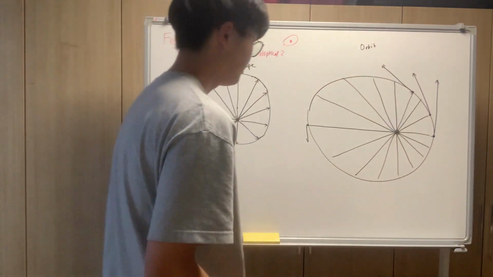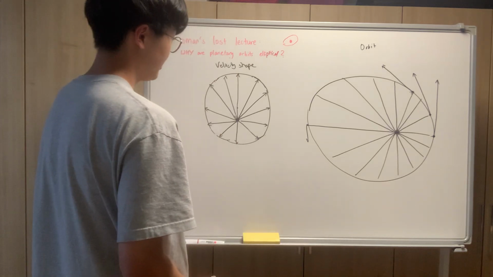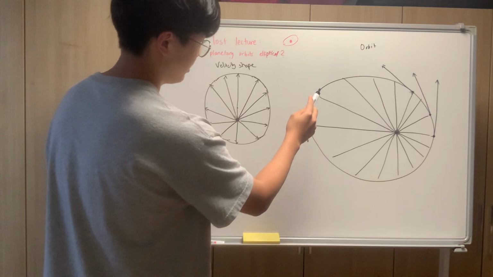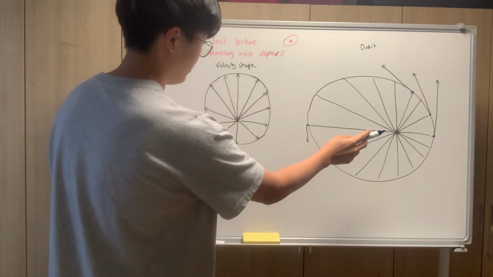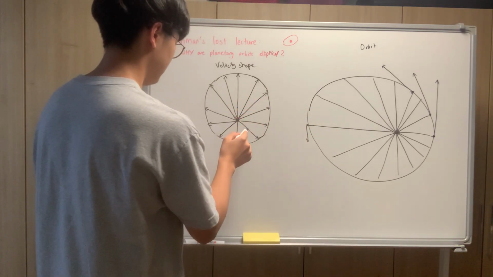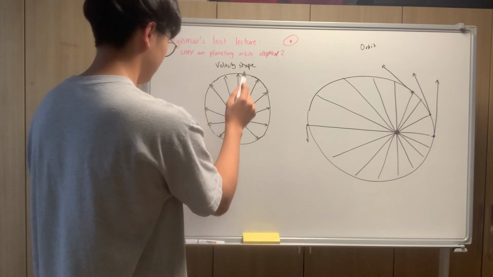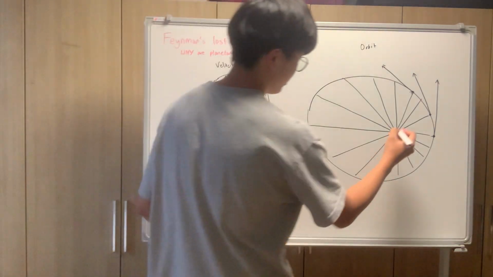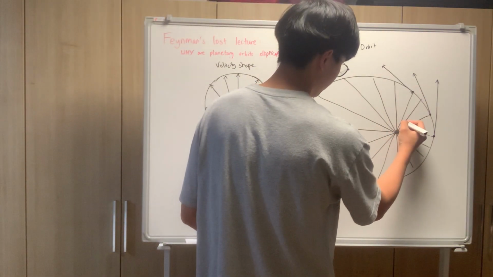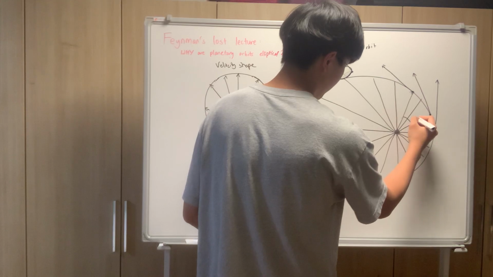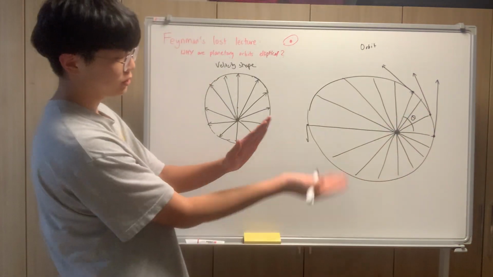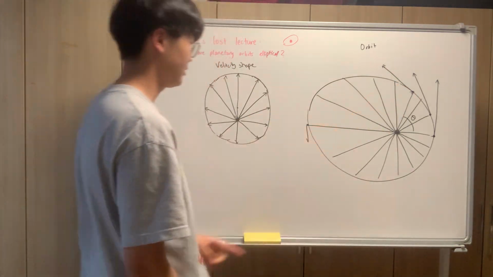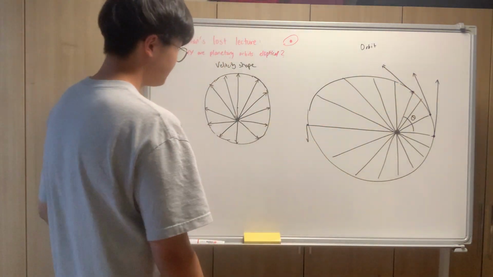Let me count: 1, 2, 3, 4, 5, 6, 7, 8. Okay, we're just going to focus on this one over here. Let's call this angle theta. This angle that forms this vector over here, we're going to set as theta.